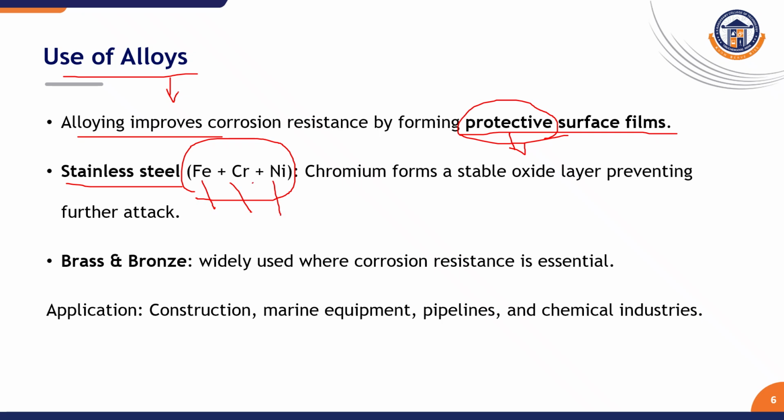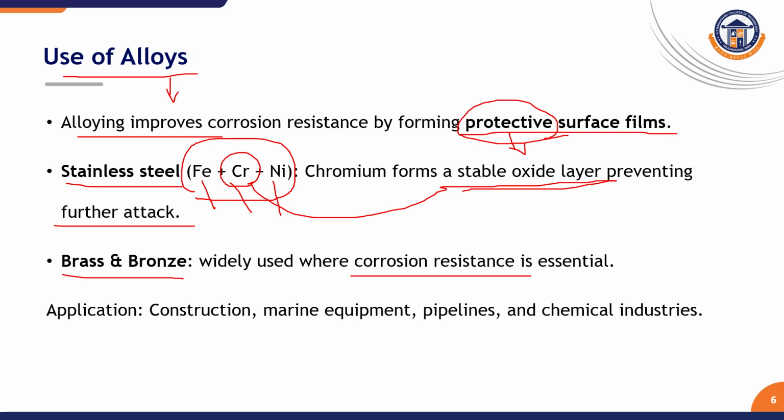Here the chromium forms a stable oxide layer, which prevents further attack from the environment. Brass and bronze can also be used, because they are corrosion resistant. Where are we using these alloys? For construction purposes, marine equipment, pipelines and chemical industries.